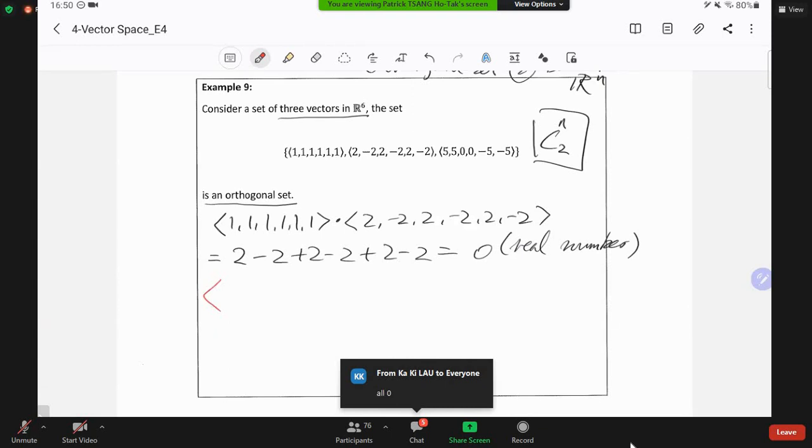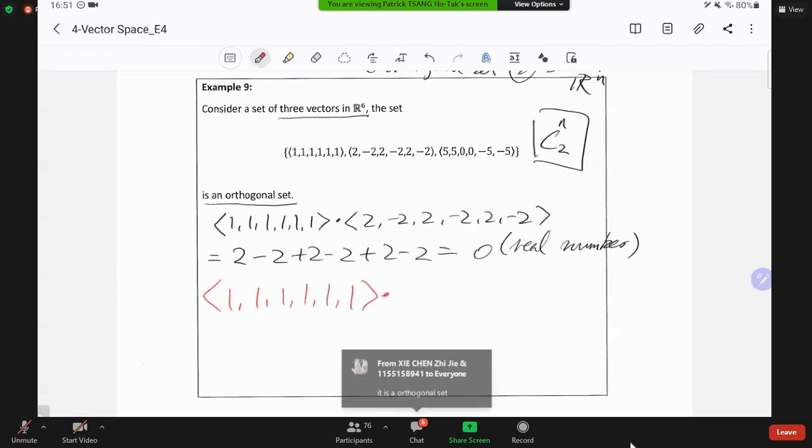Okay, so by the way, let me write down the possible combination of two distinct vectors with you. So another possible combination. So after evaluation, for the dot product, it gives you 0.